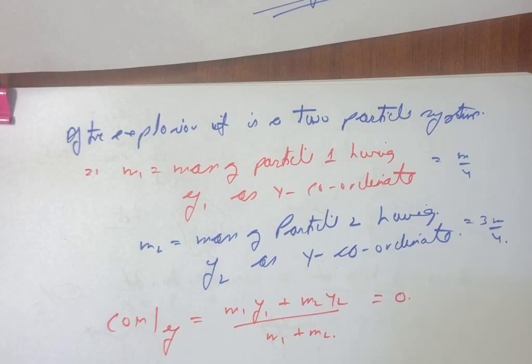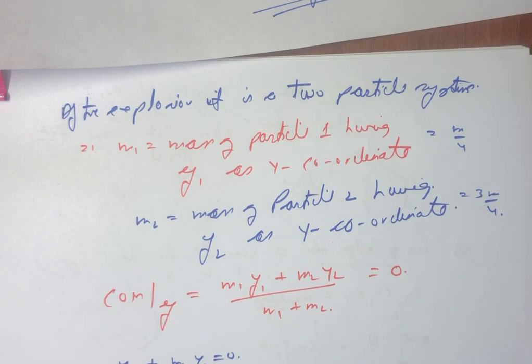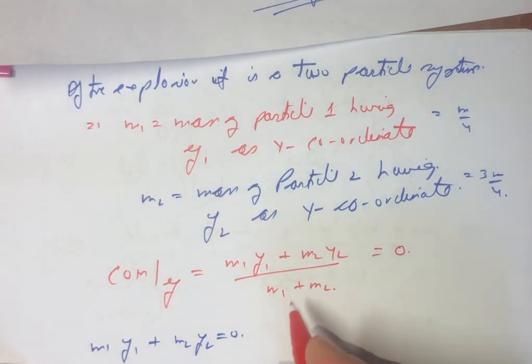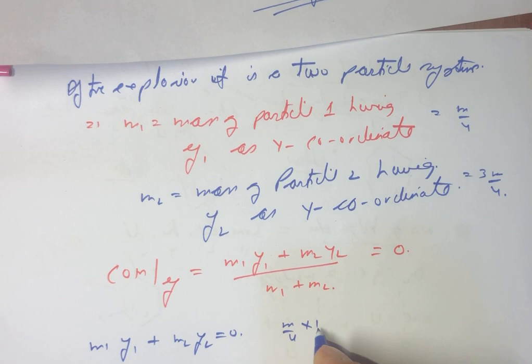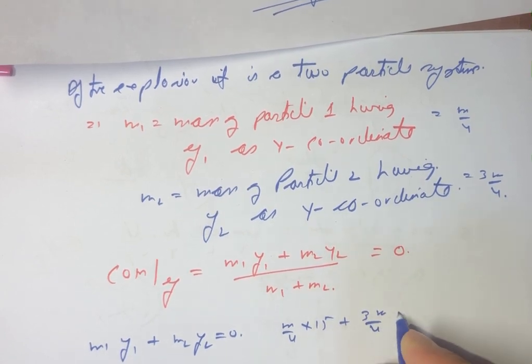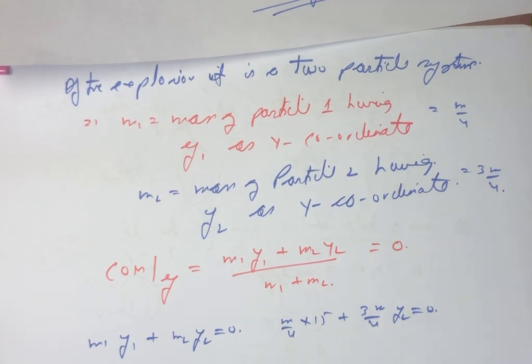So we substitute the values, and we get m by 4 multiplied by 5 plus 3m by 4 multiplied by y2 is equal to 0.